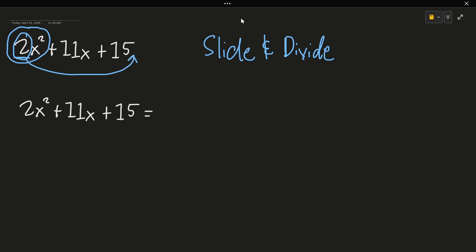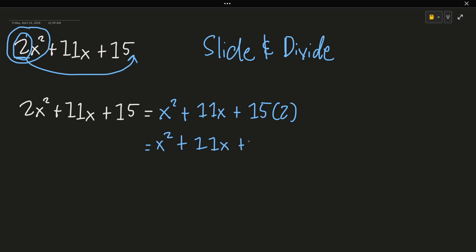So here you will have x squared plus 11x plus 15 times 2. That's it. Then, what are we going to do? Multiply 15 and 2. So that would give us 30 as a result.